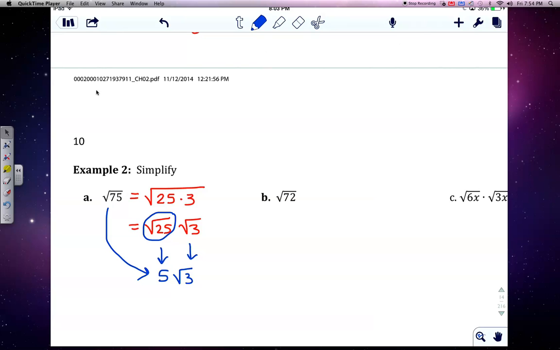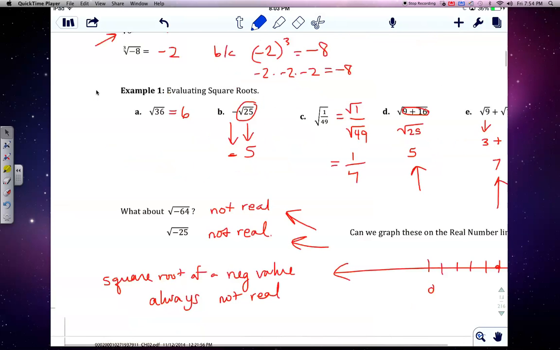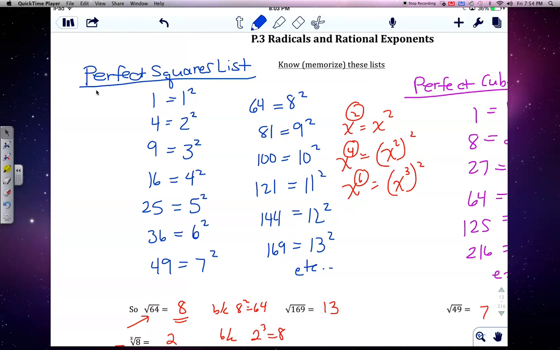So in part B, I have square root of 72. And again, 72 is not up here on this side of the list. I'm looking on this side right here. I don't see 72 on this side at all. Right? So what we're going to do is look for 72 as a product of 2 factors, and one of the factors is on this side.